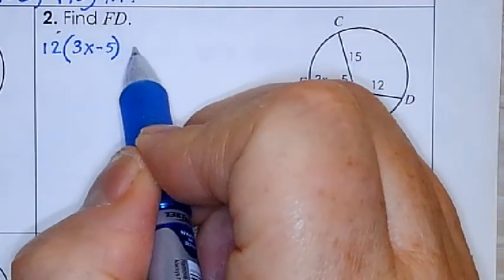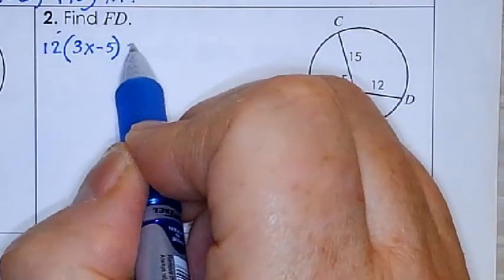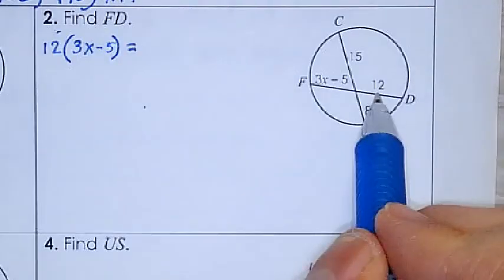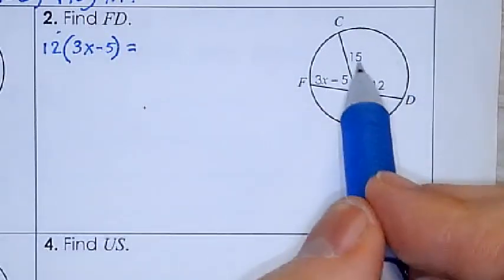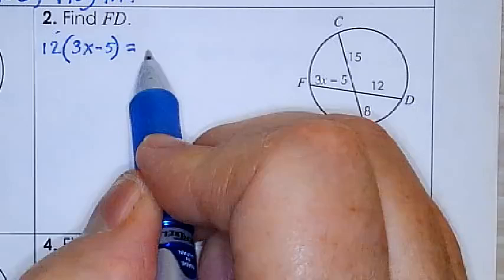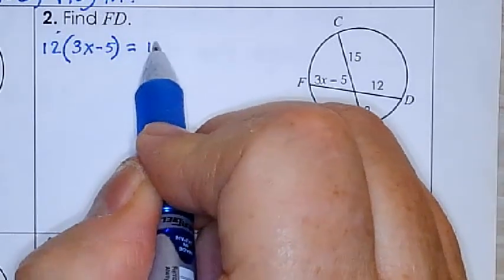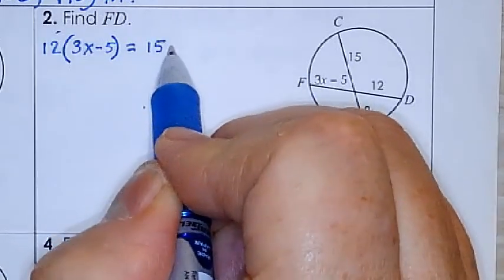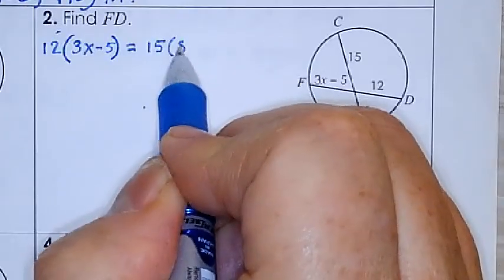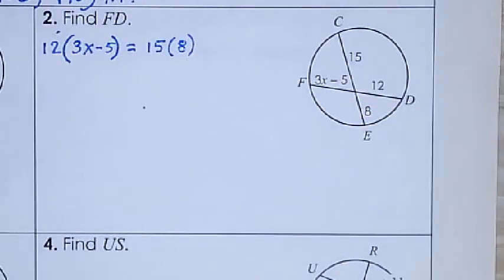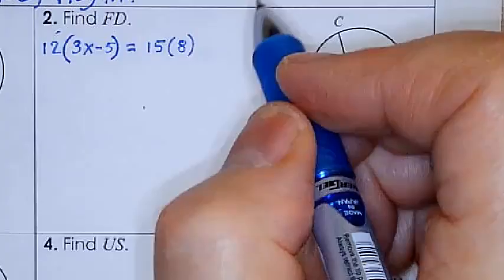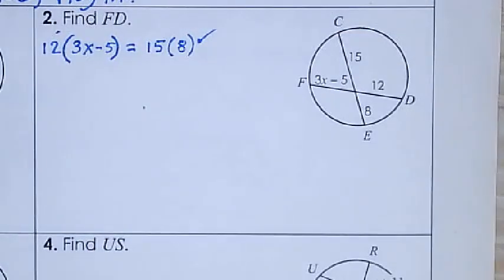The product of these two segments equals the product of the other two segments, which is going to be what? 15 times 8 is correct. I created the equation based on the concept that the product of these segments equal each other.